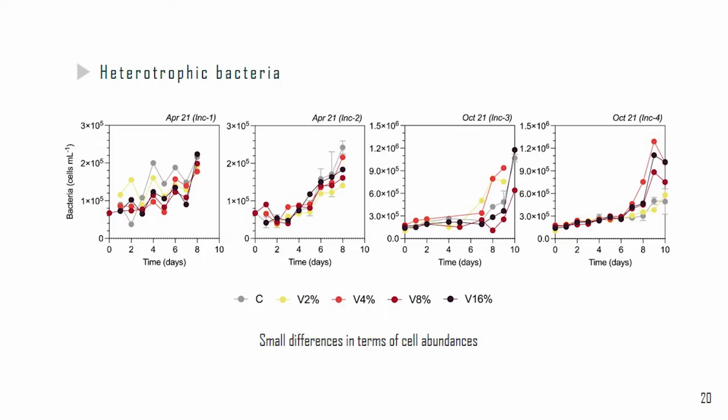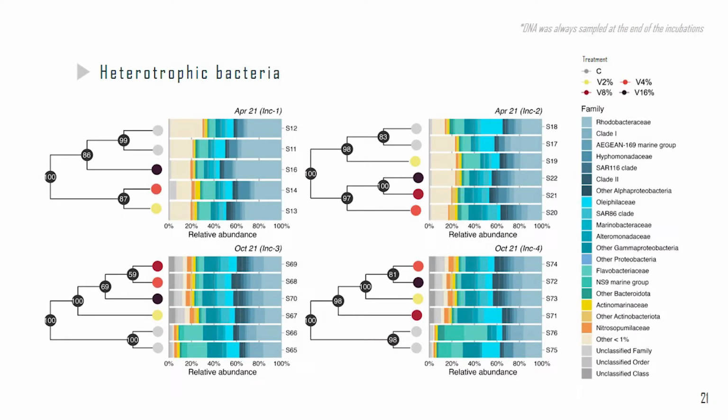Heterotrophic bacteria had small differences in terms of cell abundances, but we found really interesting things in the molecular analysis because we got, again, differences between our control bottles and the volcano-treated bottles. So something was happening in these prokaryote communities. And something to point out, we got, for example, Rhodobacteraceae, which are nitrogen-fixing bacteria.